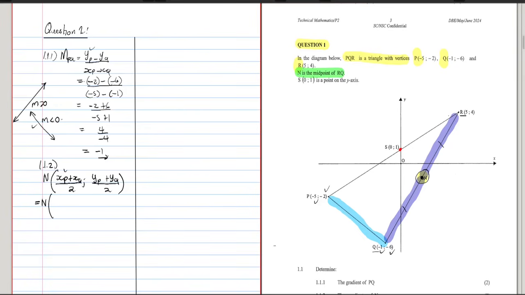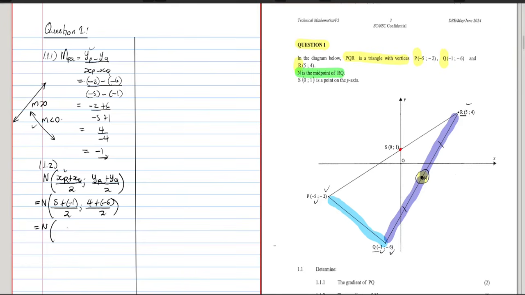Whoa, hang on. It's not P, it's not between P and Q, but between R and Q. I made a mistake there. So xr is 5 plus, what is xq? Minus 1, divided by 2, yr, that's 4, yq, that's negative 6, close bracket, divided by 2, equals N.